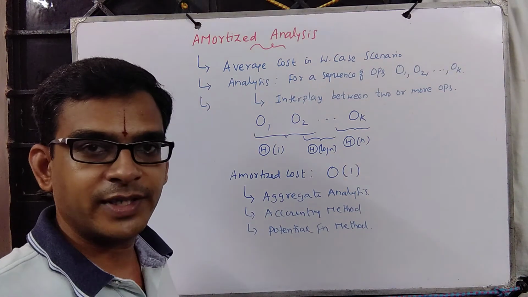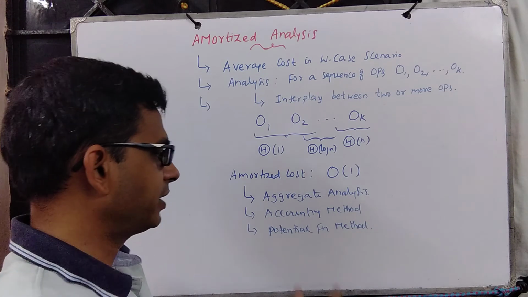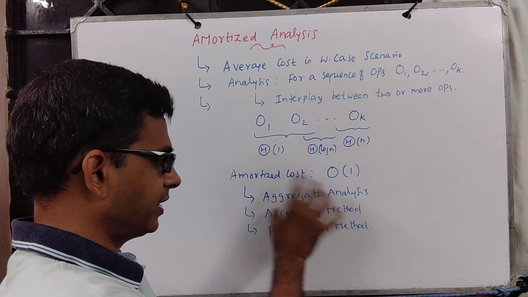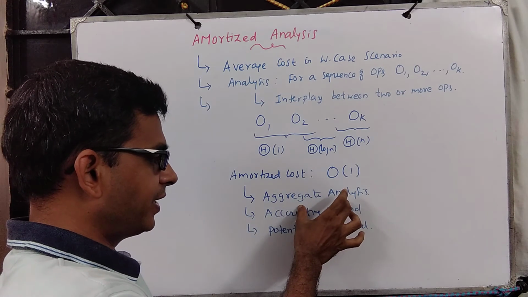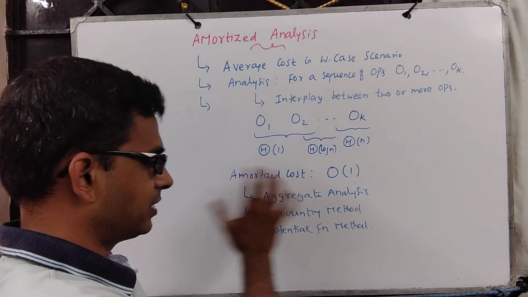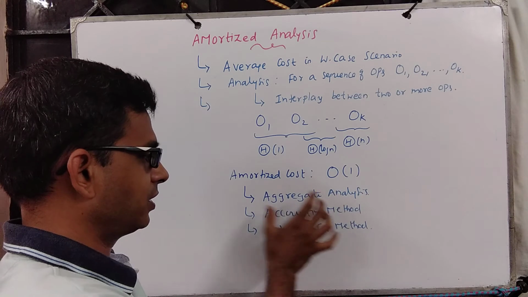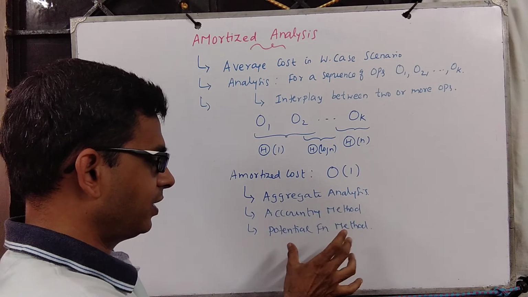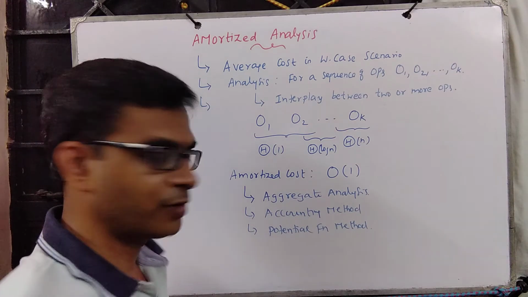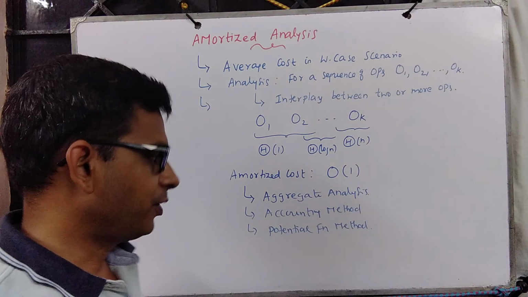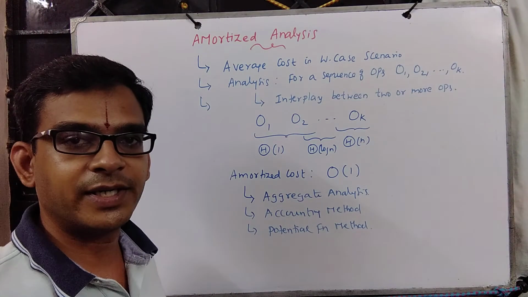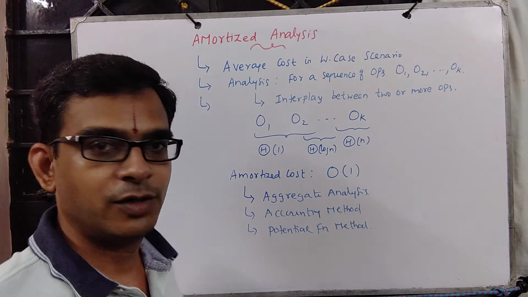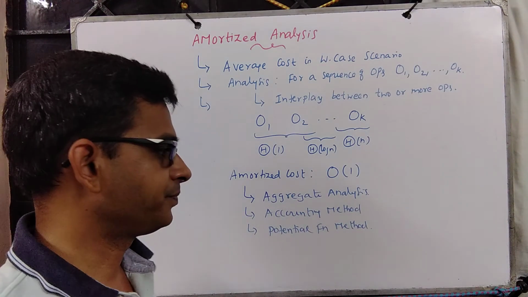With respect to a specific sequence of operations, we ask what is the amortized cost following aggregate analysis, what is the amortized cost following accounting method, and amortized cost following potential function method. Or you are asked to do amortized analysis, you can choose one out of three to perform the analysis.